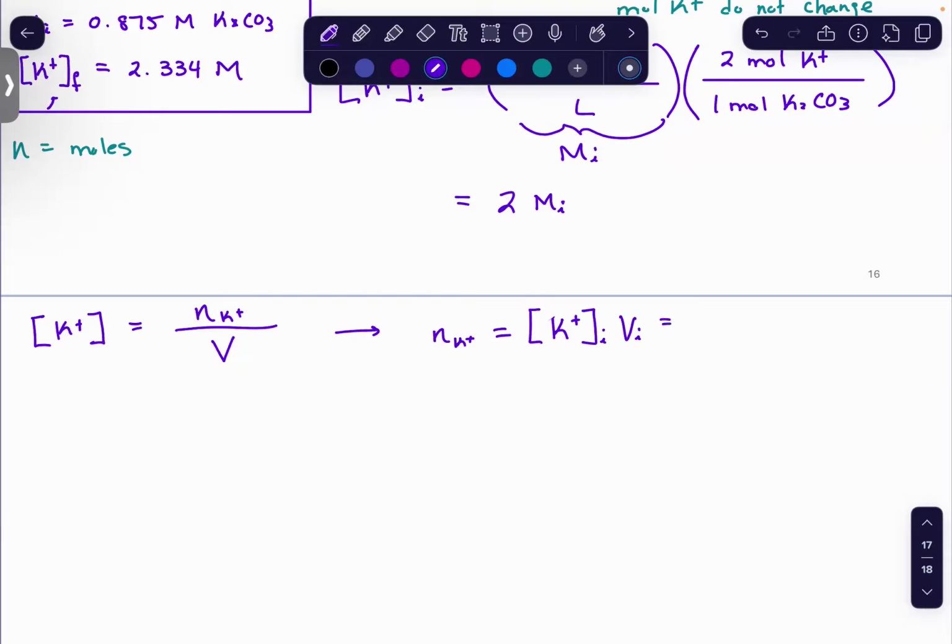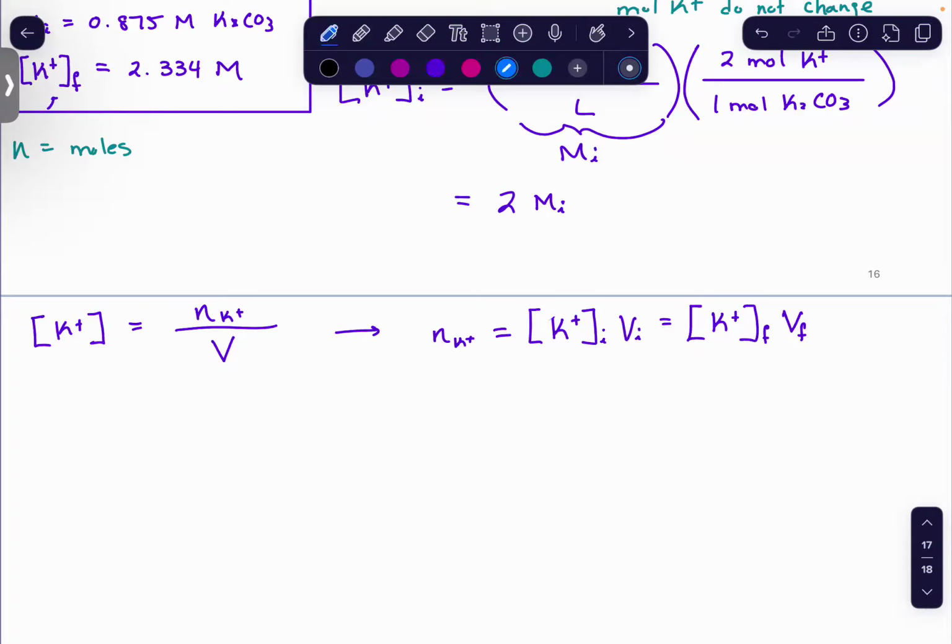But this also equals my final concentration of potassium ions times the final volume. We can say this because the moles of potassium ions do not change. That's why my initial value equals my final value.